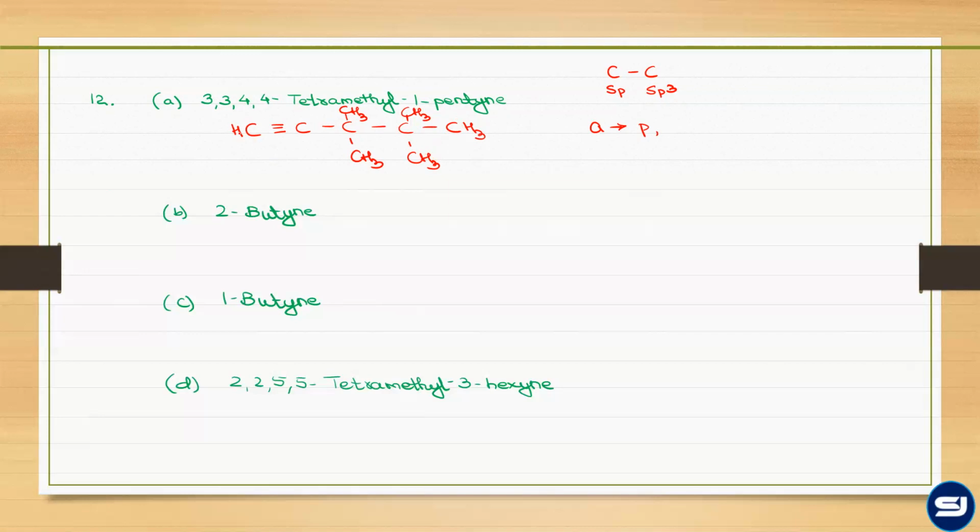That means one will be obtained from the sp carbon, second from this, and third from this. So I will be getting 3 different products, and these will be the structural isomers. We are not talking about the stereoisomers as of now because they have already told to exclude the stereoisomers.